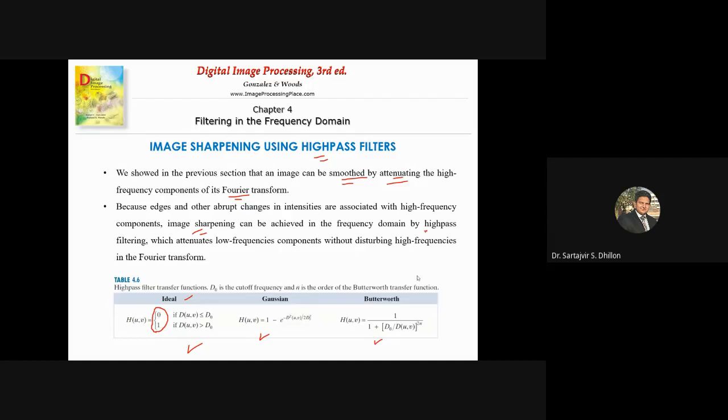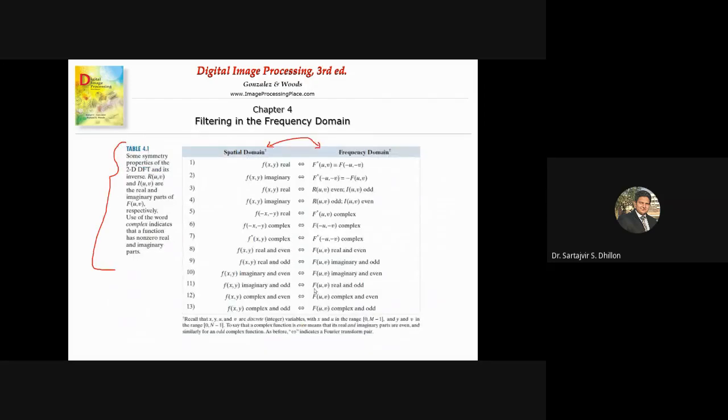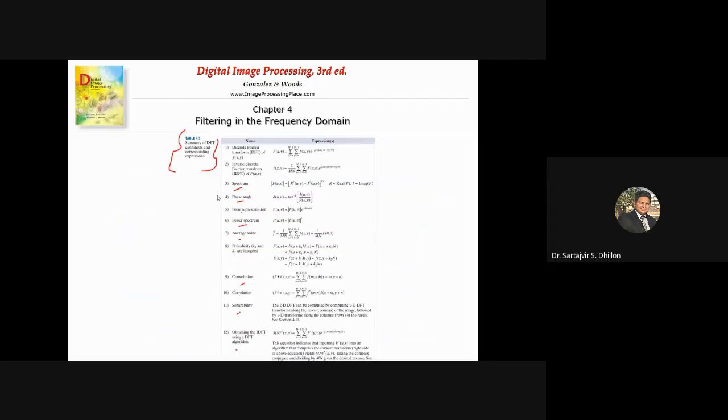These are the important topics, and for your reference, I have added all these equations at the end of the PPT. You can go through them if you are not aware of the different functions we have already covered in signals and systems or digital image processing. If that is clear to you, then there is no big problem in understanding this chapter.